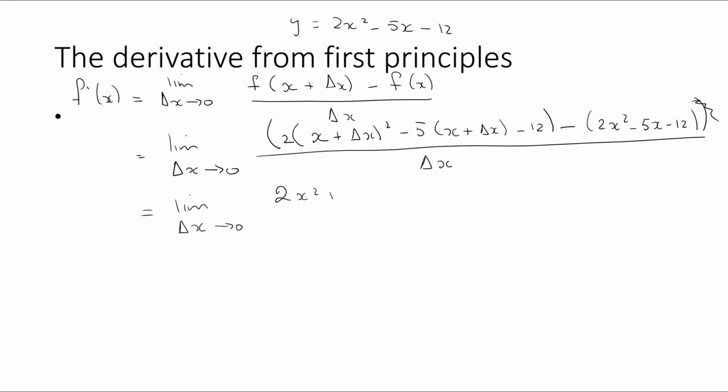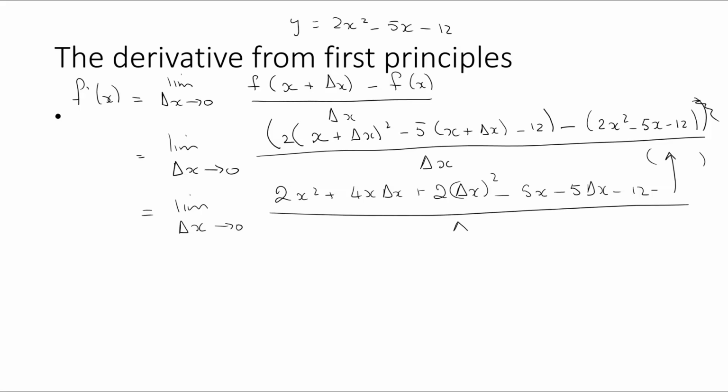2x squared plus 4x delta x plus 2 delta x squared minus 5x minus 5 delta x minus 12, running out of space, and divide it by delta x.